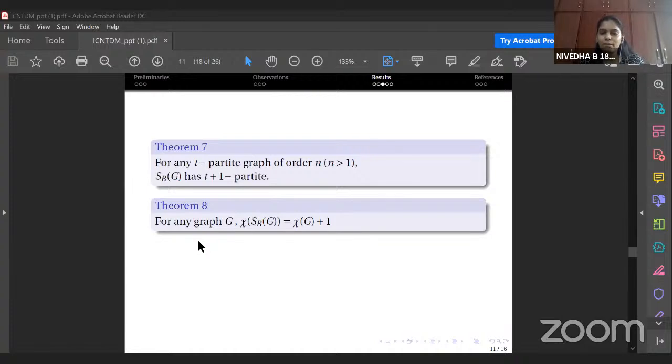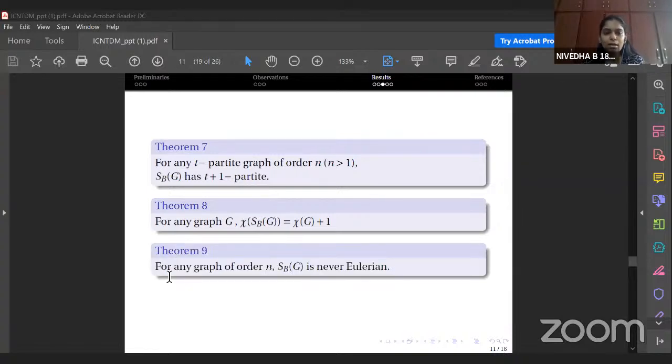Next is on the chromatic number of SB of G. For any graph G, the chromatic number of SB of G is exactly equal to the chromatic number of the original graph plus 1. Next, for any graph of order n, SB of G is never Eulerian.